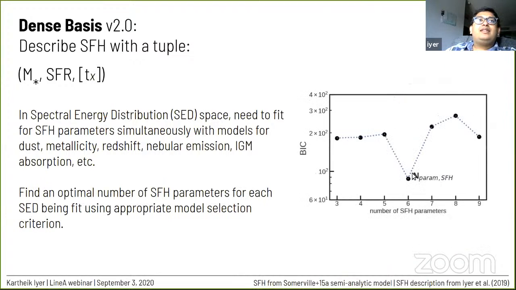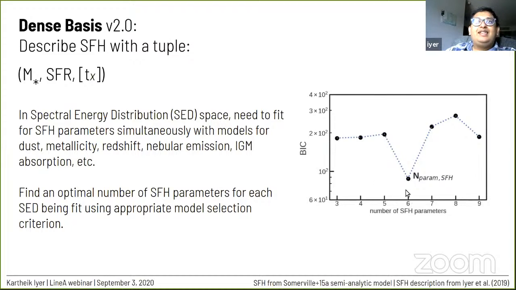So the nice thing here is that we use something called the Bayesian information criterion, or BIC, to find the optimal number of star formation history parameters that we can get from any given observation.